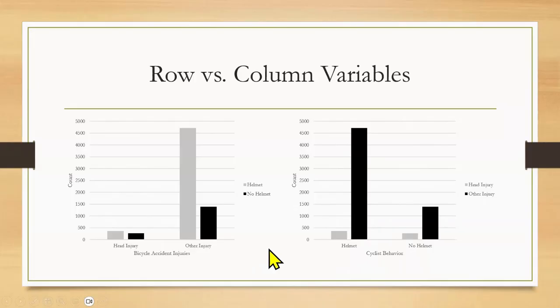Okay, so that's something to keep in mind when you're making these graphs. Just make sure that you have that variable you want to compare in the rows. When you're making the graph in Excel, it will automatically put that for you into the legend.